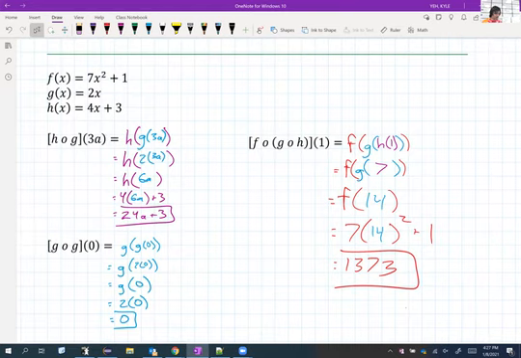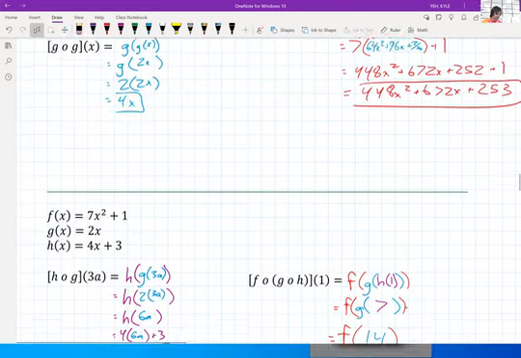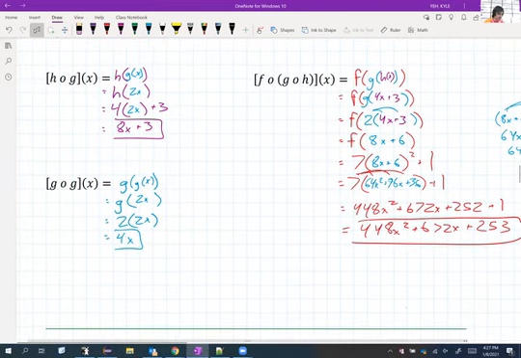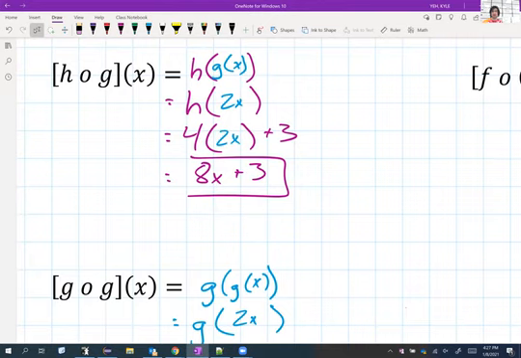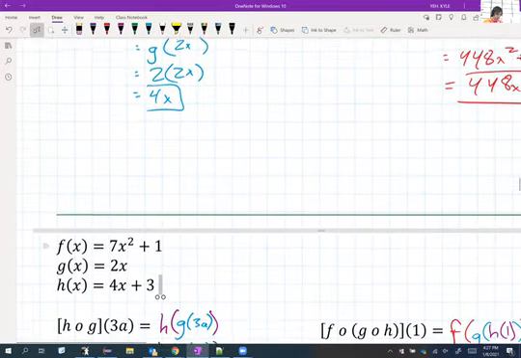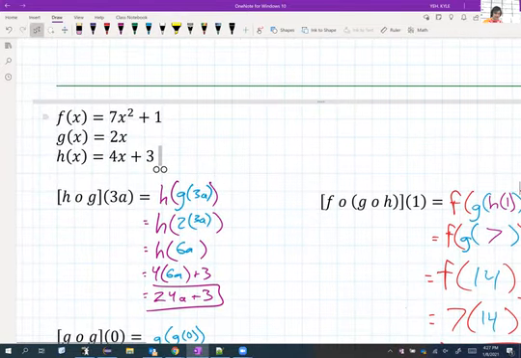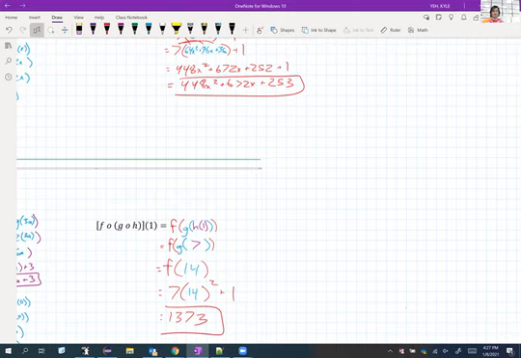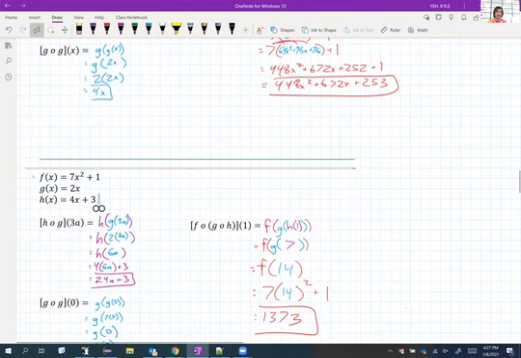H of g of 3a, if I plugged 3a into my generic h of g of x, I would get 8 times 3a, so 24a plus 3, which is exactly what we got. And if I plugged 1 into my triple up top, I would also get 1373. So just something to keep an eye out for, and maybe that'll make your life easier one day.